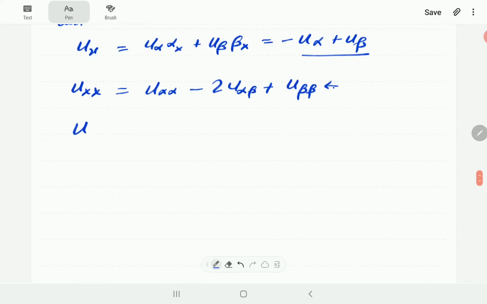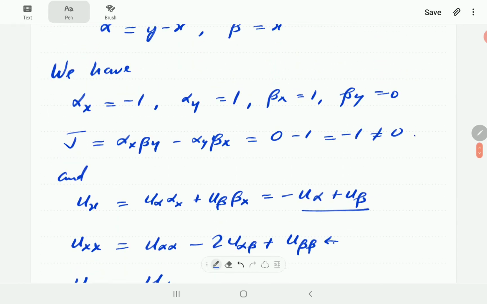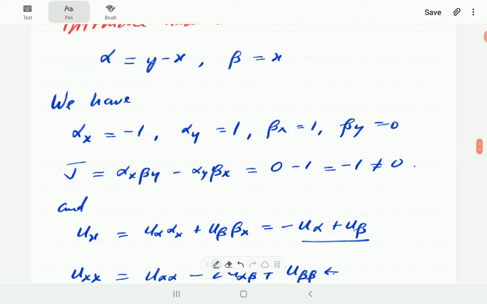Okay, so then uy is simply going to be u alpha, because beta does not depend on y here.